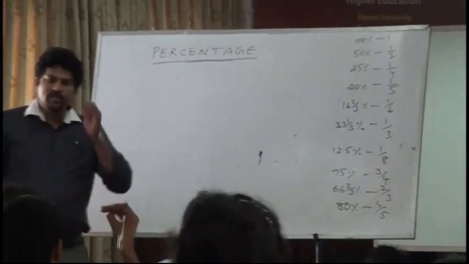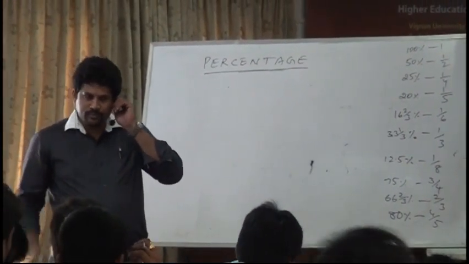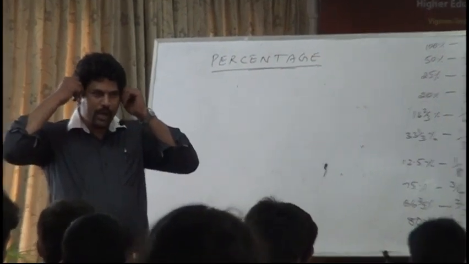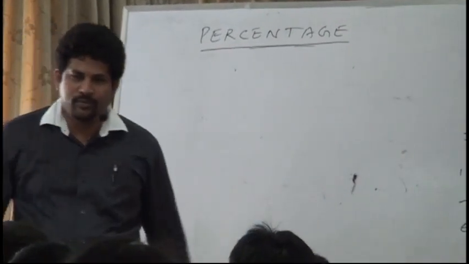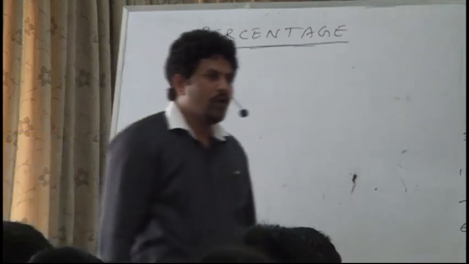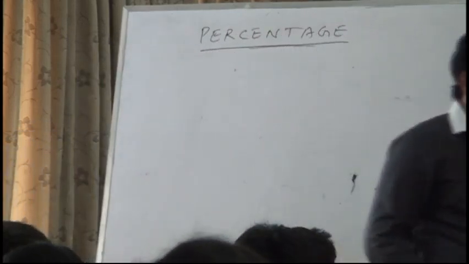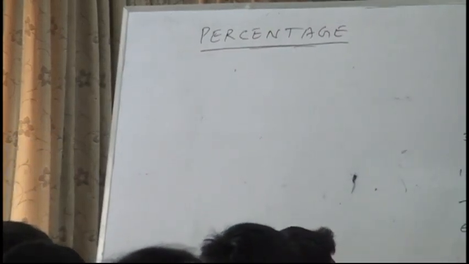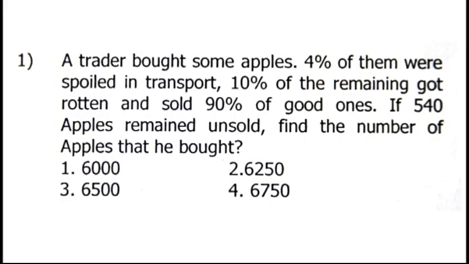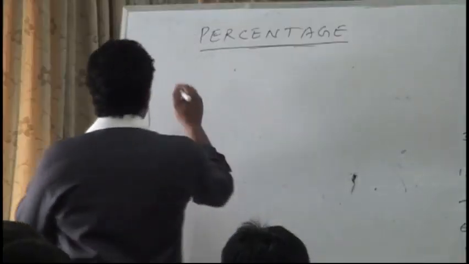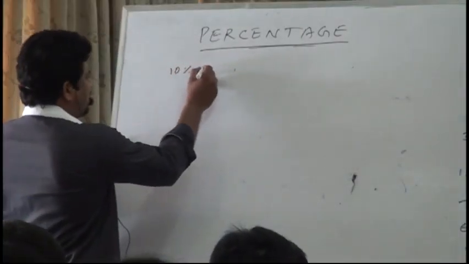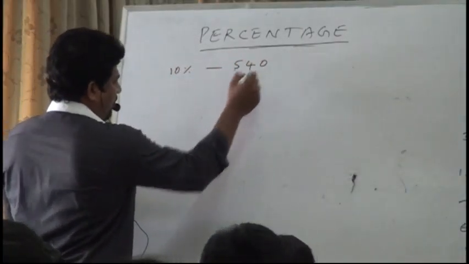What percent of the good ones is sold? Guys, what percent of the good ones is sold? 90%. So you should be left with what percent of the good ones? So 10% of good ones is how much? 540.